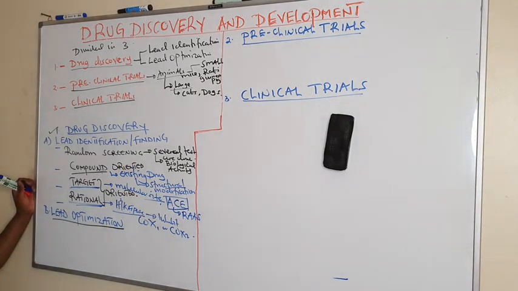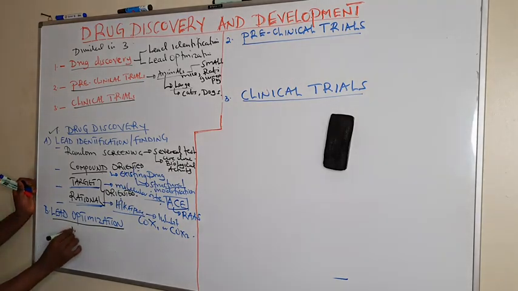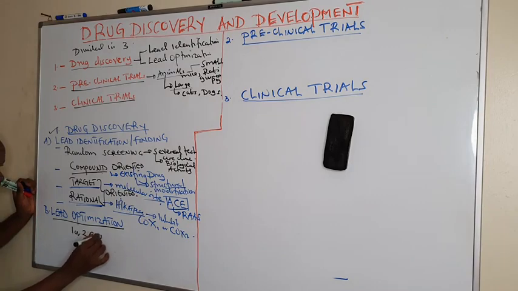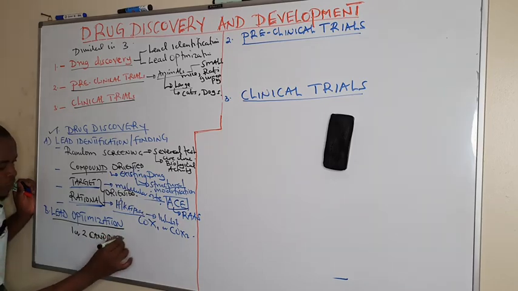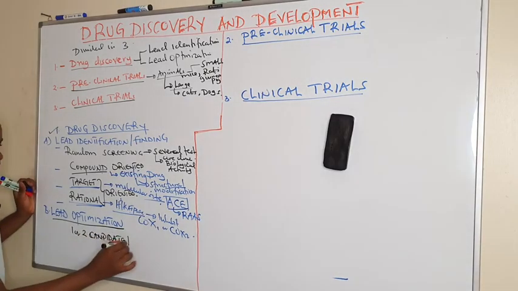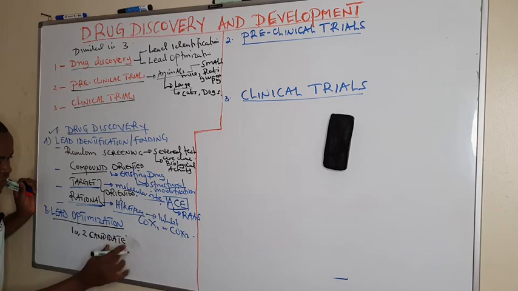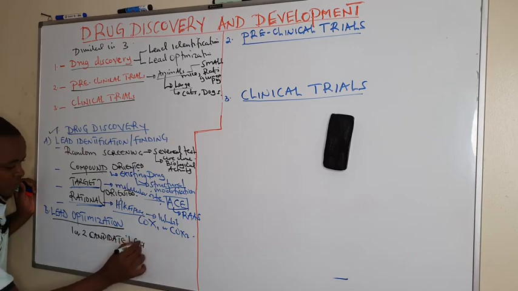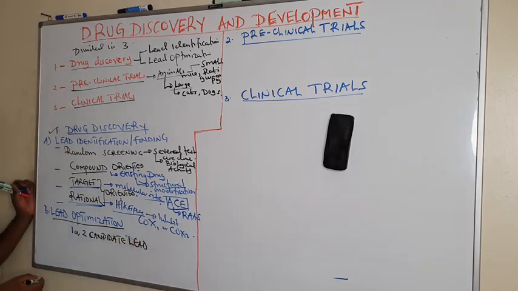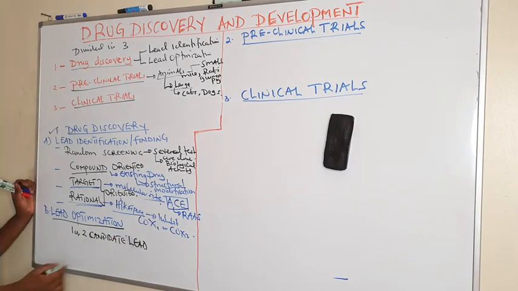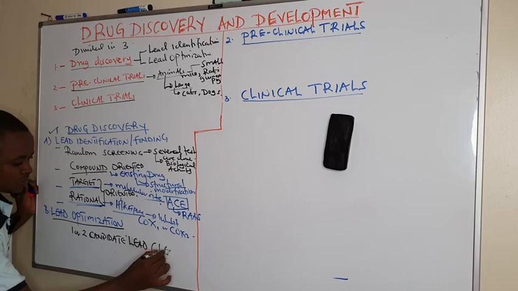So under lead optimization, after coming up with one or two promising candidate drugs, here we haven't even called it a drug, we have come up with one or two or more candidate leads, and these are called lead compounds.